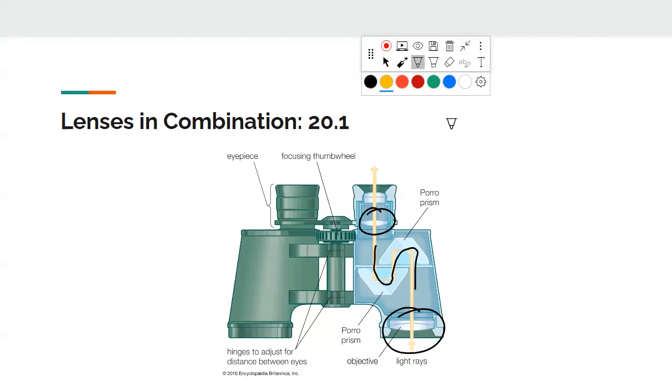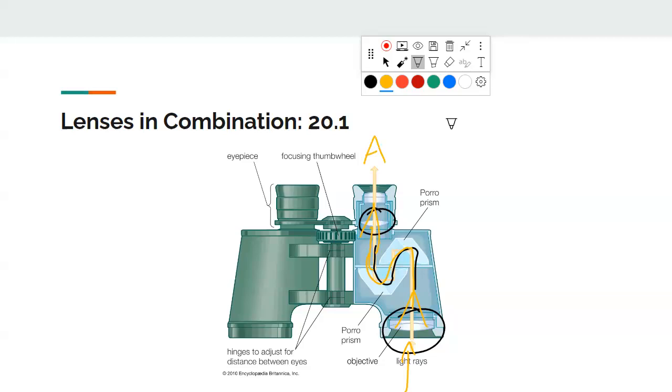So you can see that the light enters from the outside, it's focused by this first lens some amount, and then it's bent around just to make it more conveniently oriented with respect to your eyes. And then it's focused again by the second lens, and our eyes see that light from the second lens.